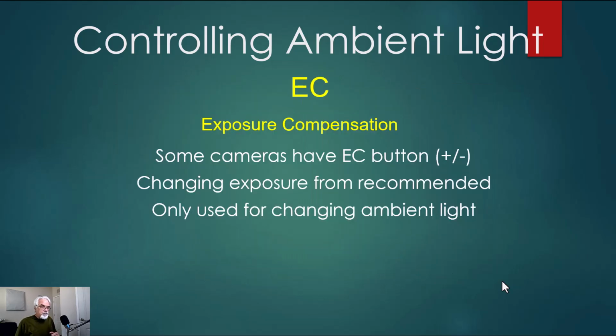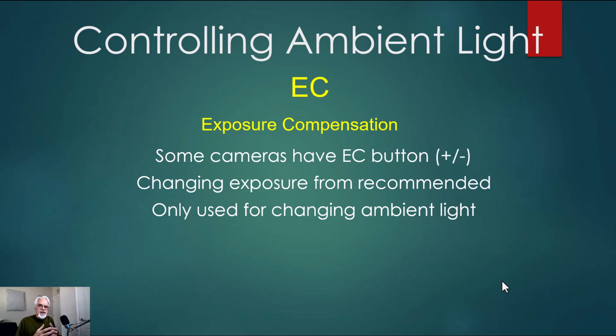So that's important. Okay, now we have EC, kind of slang for exposure compensation. Now, if you are, well, let me back up. Exposure compensation is compensating the exposure to either lighten or darken your photo from what the camera meter said.